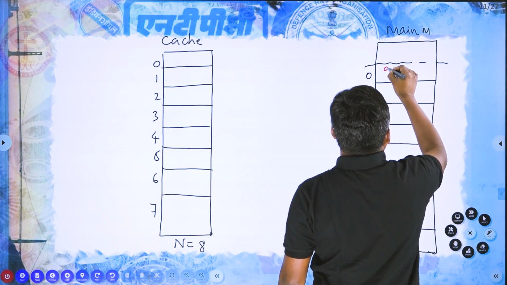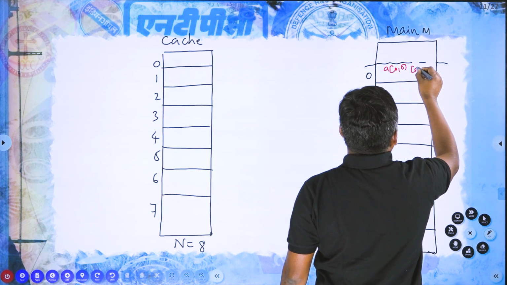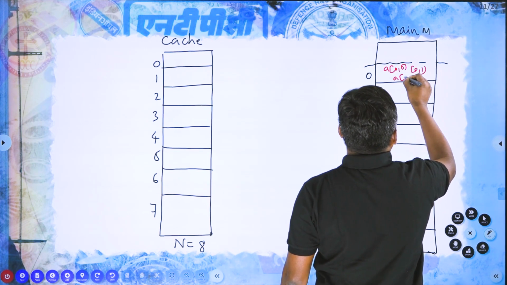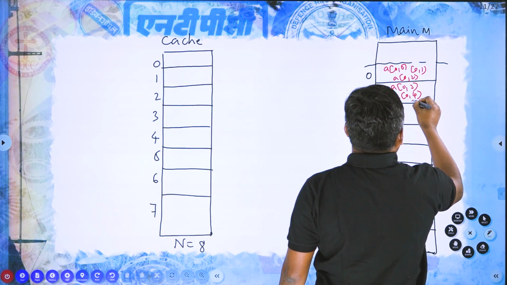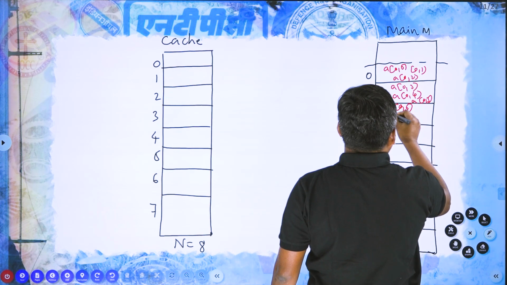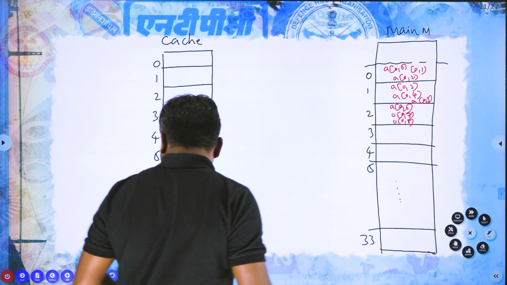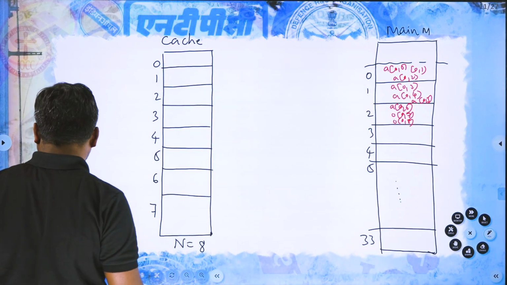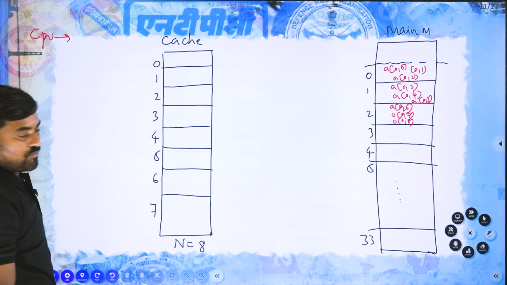First elements are A of 0, 0, A of 0, 1, A of 0, 2, A of 0, 3, A of 0, 4, A of 0, 5, A of 0, 6, A of 0, 7, A of 0, 8. Getting my point? This data is there. So initially the cache is empty. Now the CPU starts generating the address, fetching the values.